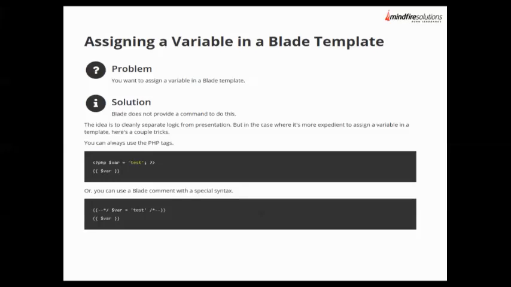So you can open up a PHP tag, assign a variable whatever value you want, and then close the PHP tag. Or you can use Blade template special syntax, like a comment with double curly braces, then double hyphen, then the variable you want to set, and then close it like that. So it will be the same as the PHP tag.